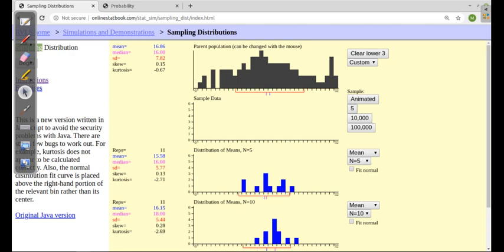Now again 5 I am doing. Can you see this blue colored one, that is the mean. Actually it was 16.86 here, this is 15.58, here it is 16.15, and one more 5. See, the sample mean is shifting towards 16.86.